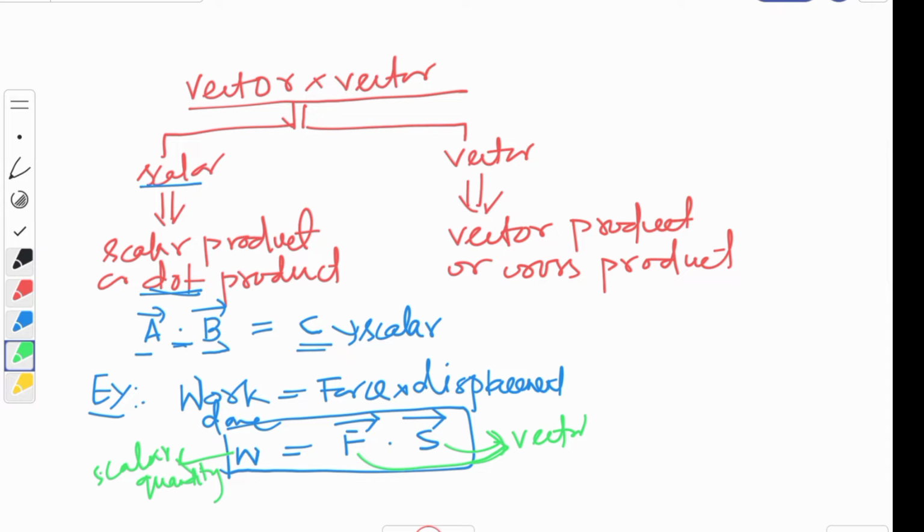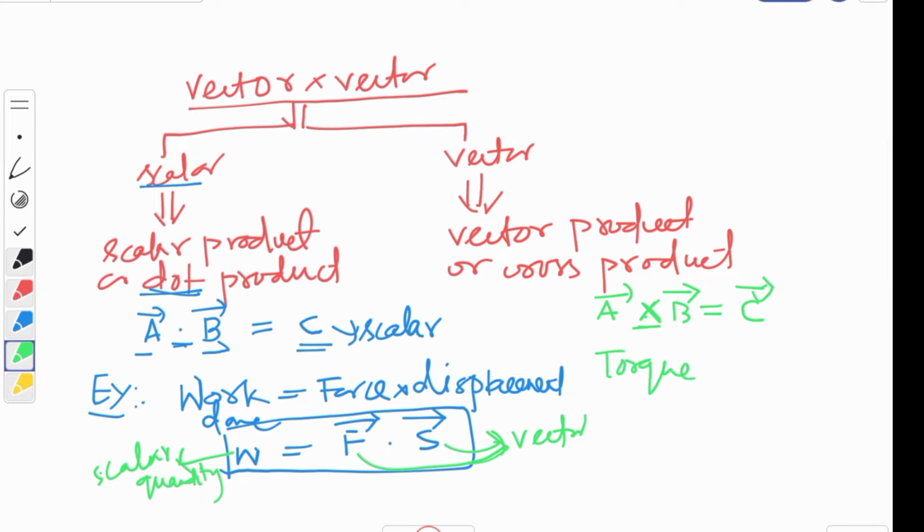Now in case of the vector product, how will you write? Again we take two vectors, A cross B. Don't say multiply, it is cross. We get the result C, but it is a vector quantity. Again, you have not studied it yet, but we will study later, that is torque.